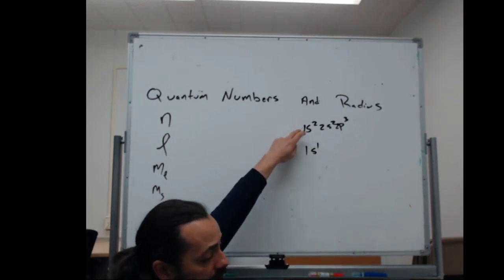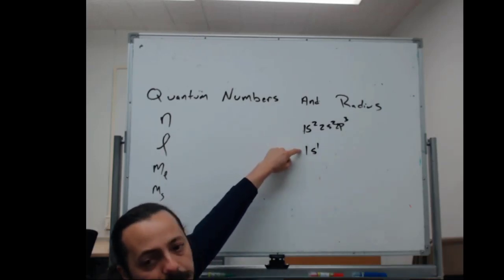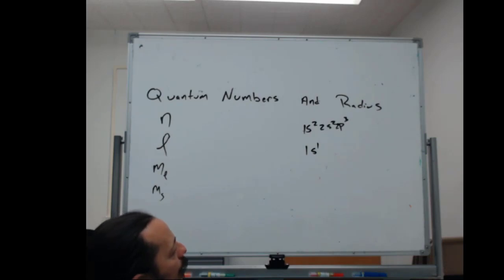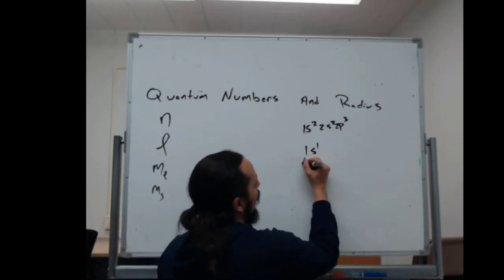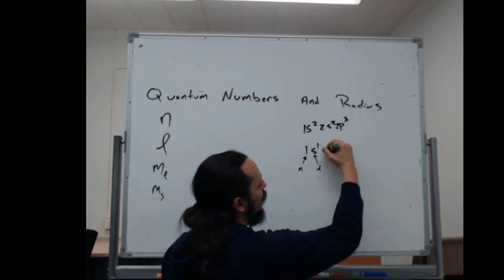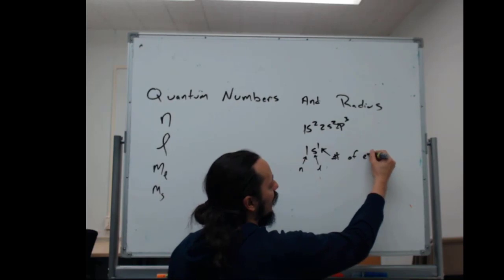This would be looking at the periodic table. That would be nitrogen. This would be hydrogen. And it's very easy to lose track of what these mean, recognizing them. That's the N value, L value, number of electrons in subshell.